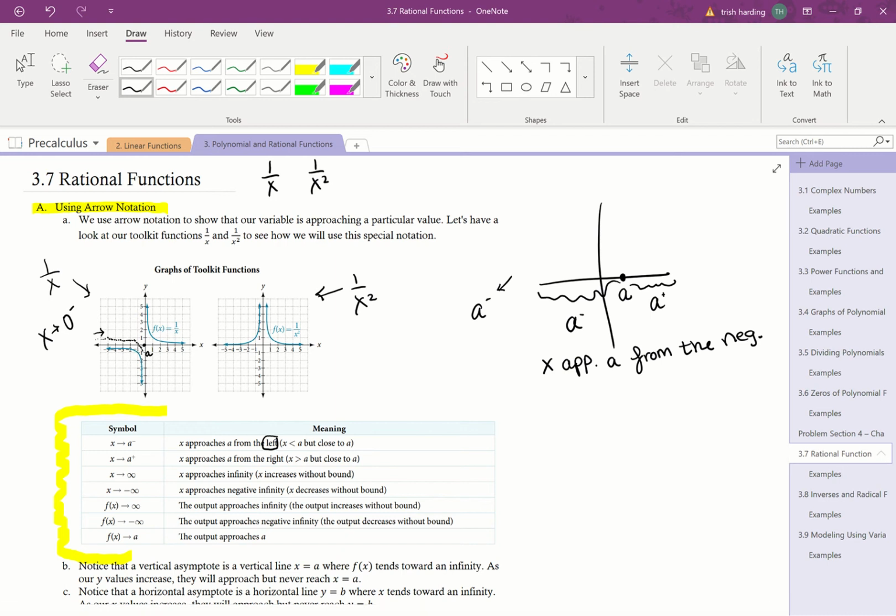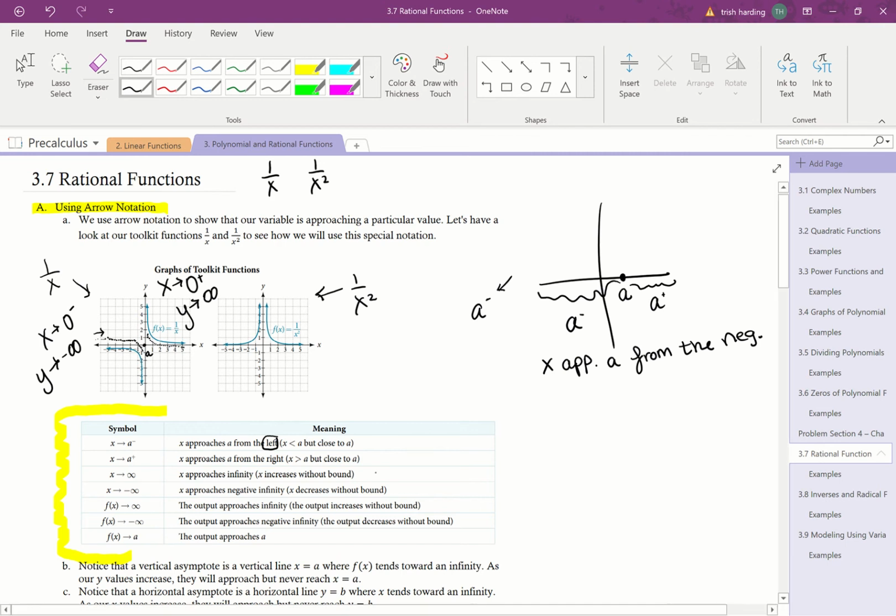As x approaches 0 from the negative, y will approach negative infinity. But notice as x approaches from the right, the positive side, your y will approach positive infinity. So it's not the same. There can be two completely different approaching values depending on where you are approaching it from.